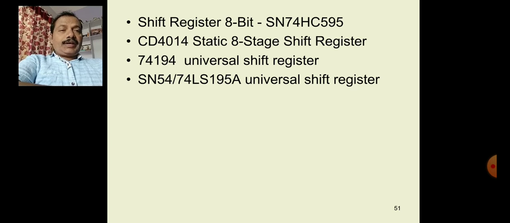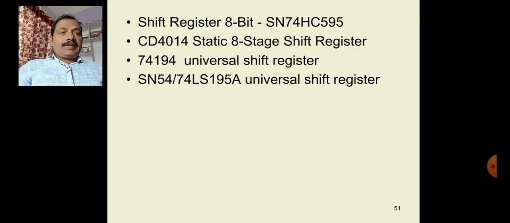So an 8 bit shift register we have like this, that is SN74595. It is an 8 bit shift register. These are TTL ICs, and we also have CMOS ICs.